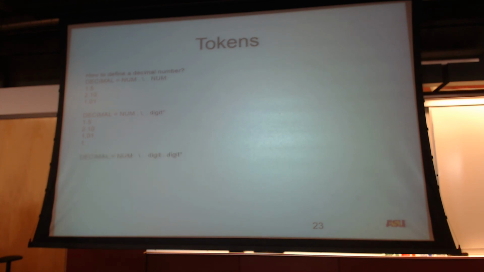What if we have this: num dot digit star? We can end with multiple zeros. I don't know if that's alright. Yes, but that is fine, I guess. So you can have 1.5, you can have 2.10, 1.01. Can you have one dot?